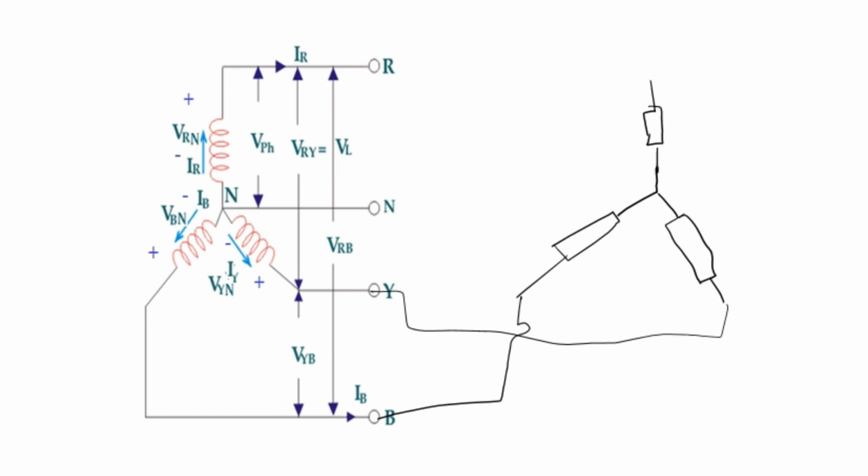R and R are also connected, and the neutral is connected. The load is also balanced, so in all the cases only Z is there. We know the values of VRN, VYN and VBN. From that we need to find the values of VRY, VYB and VBR.